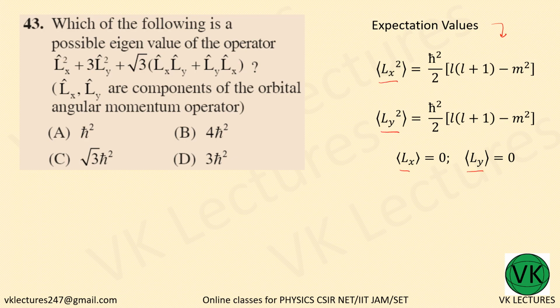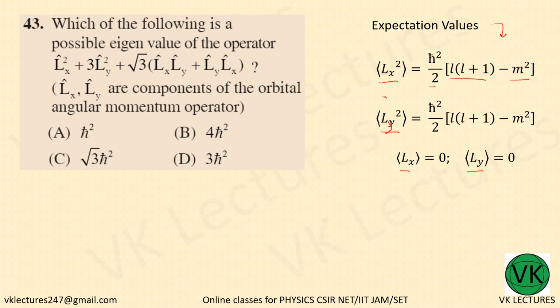So expectation Lx square is nothing but h cross square by 2 into L into L plus 1 minus m square, and similarly Ly squared equals h cross square by 2 into L into L plus 1 minus m squared. Both are same. Lx square expectation is equal to Ly square expectation.